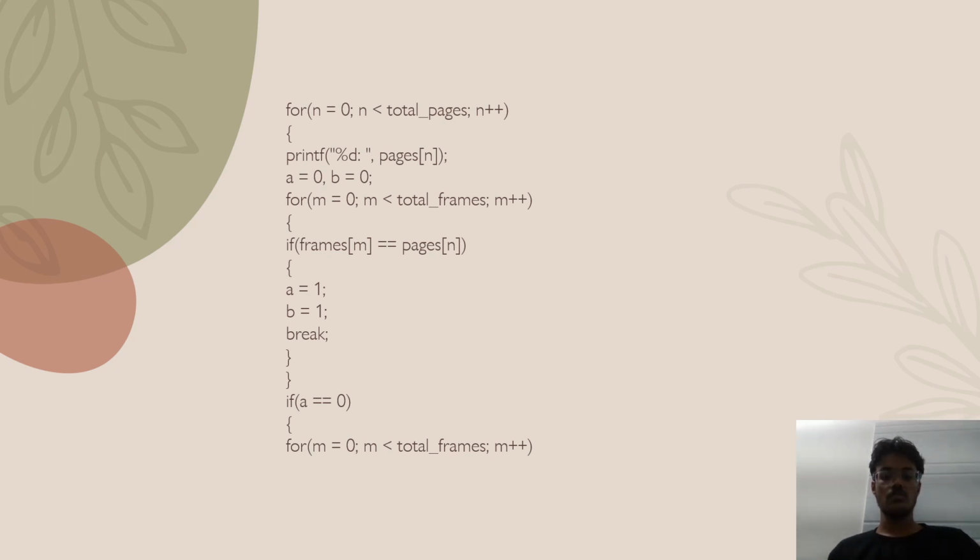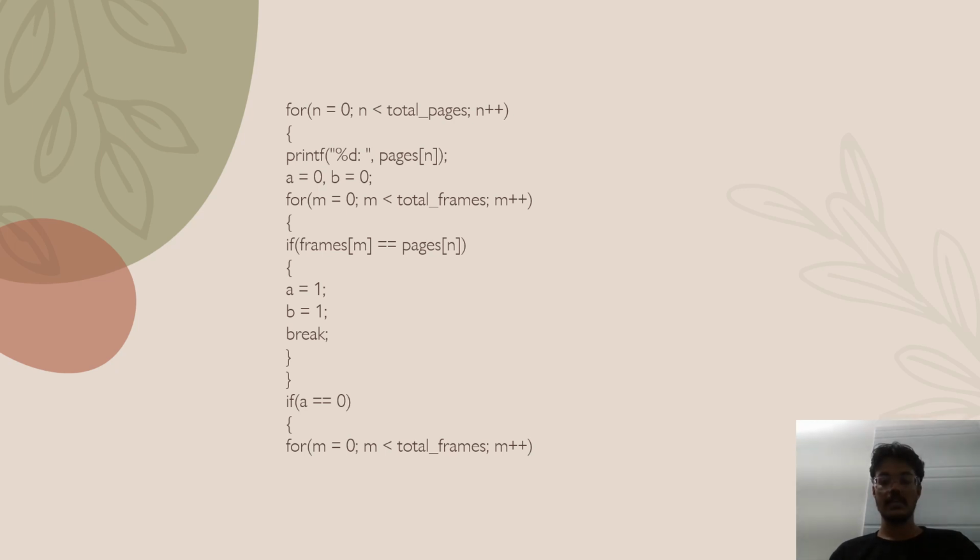At the initial level it is 0. Then as we go on moving, a will become 1 and b will also become 1. Then for m is equal to 0, m is less than total, m plus plus, if a is equal to 0, what happens?